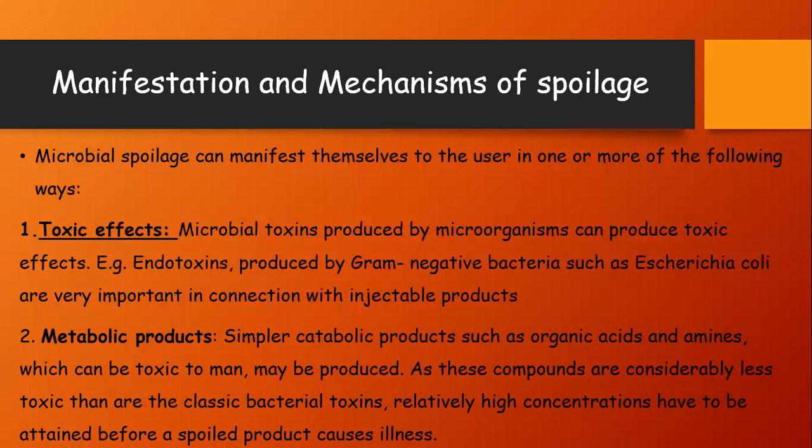Although these compounds are considerably less toxic than the classical bacterial toxins, when they are in high concentration in a product, they could result in illness, disease, or some kind of discomfort. So the manifestation in terms of metabolic product for microorganisms is undesirable.